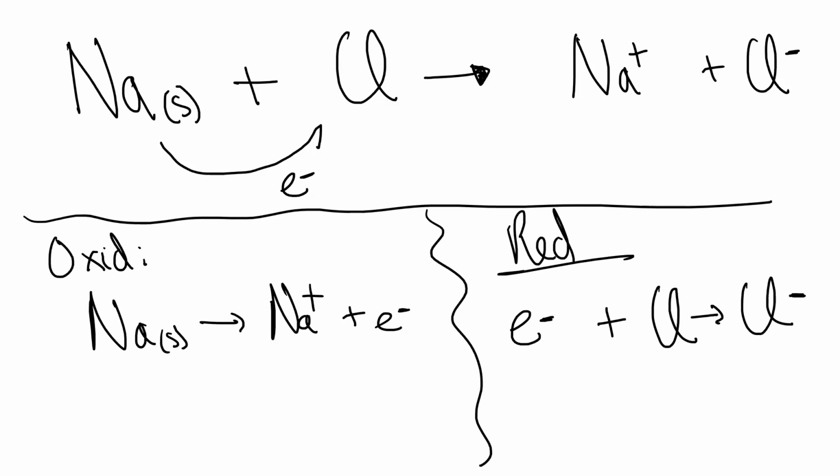They happen at the same time, essentially, but they are two separate reactions as well. There's an oxidation reaction and a reduction reaction. These are half reactions, though, because they are only half of the story. The true story is the electron is moving from the sodium to the chlorine atom. Okay. Good so far? Okay.